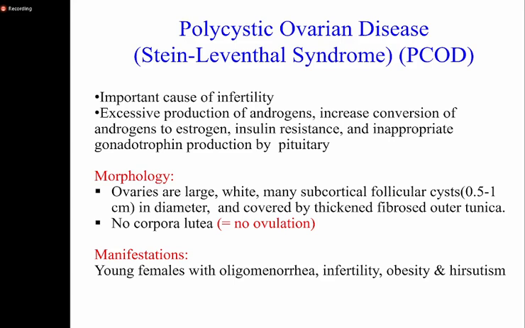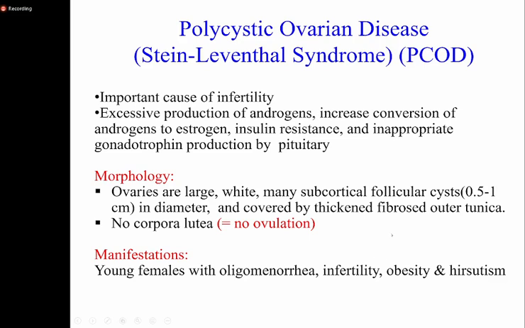So generally, they tend to be young women who present with polycystic ovarian disease. They have oligomenorrhea or inadequate menses, very scanty bleeding. They may be irregular. They tend to be obese, again because of the hormonal disorder that is going on, and because of the excess production of androgens, they end up with hirsutism, or abnormal body hair.